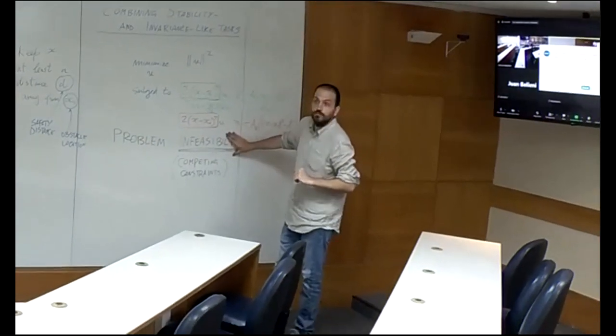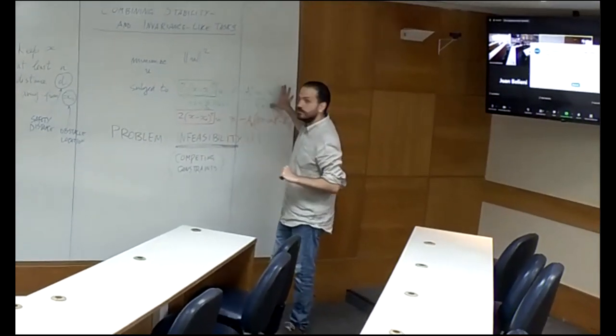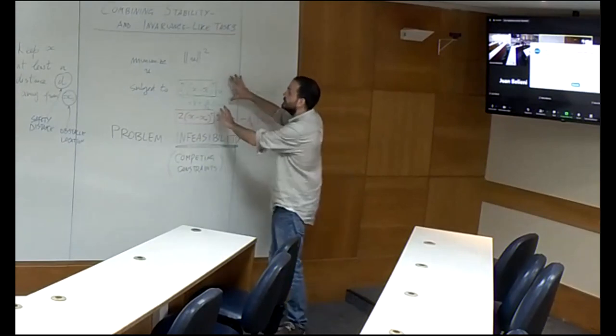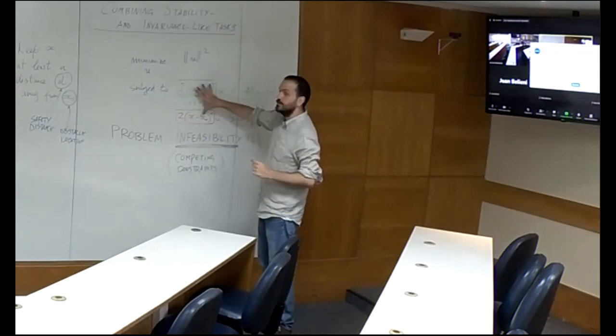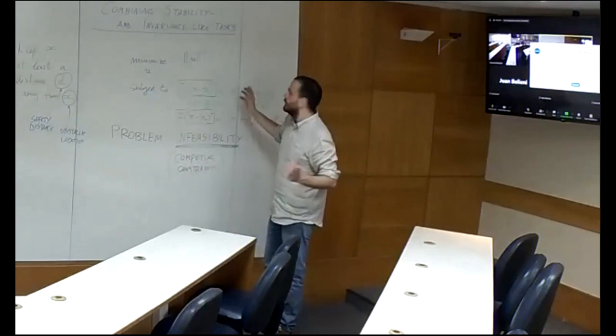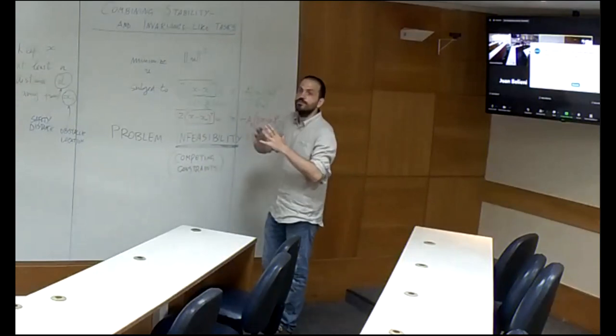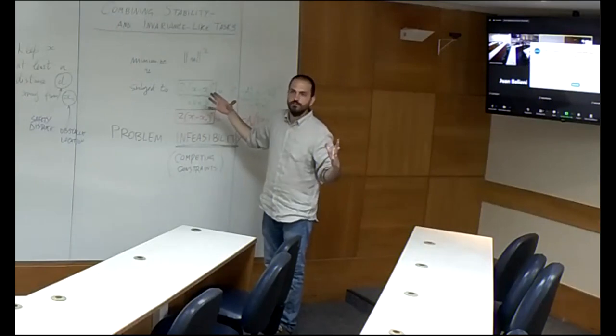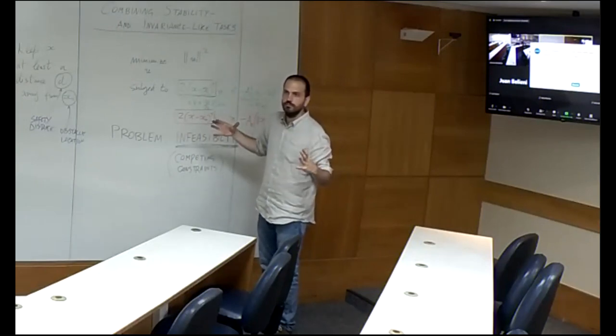That's why this is called infeasibility. Because without this slack, the feasible set, so the set of inputs which satisfy both those things, is empty. Whereas by adding this slack, the feasible set in a way enlarges, it grows.